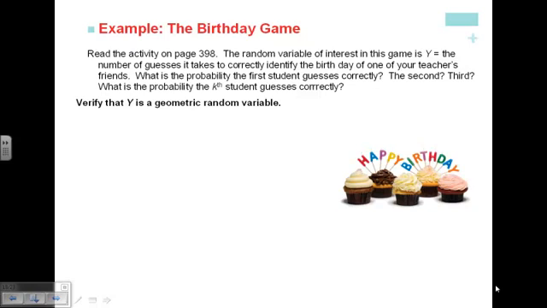We may say that the geometric variable y has a geometric distribution, and we only need one number to describe the geometric distribution, and that's the probability of success. The probability of success is enough to describe the entire distribution.